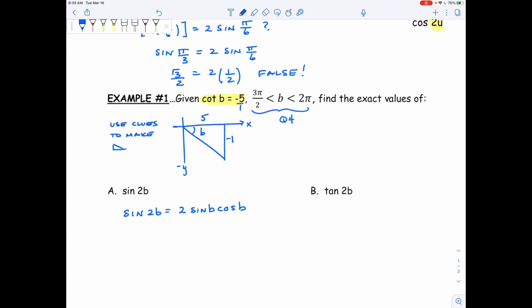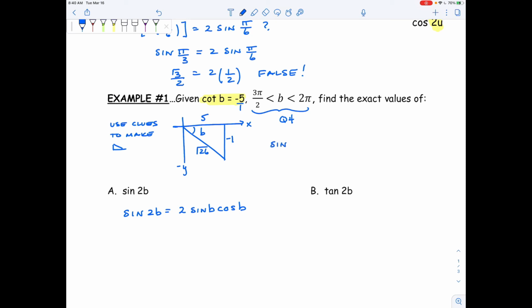So then given that, now you have all of the information you're going to need to be able to get sine, cosine, or tangent of just the regular angle. And we'll need the hypotenuse, of course, using the Pythagorean theorem. 5 squared plus -1 squared gives you 26, and then you take the square root. And that's always going to be positive.